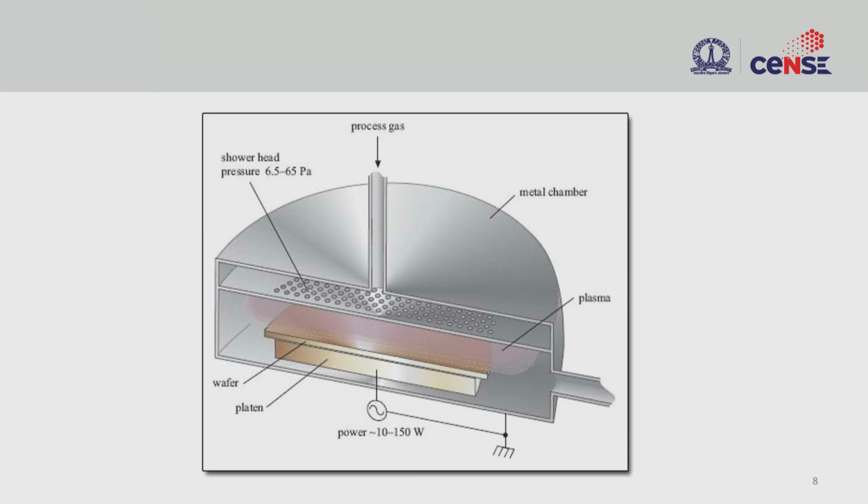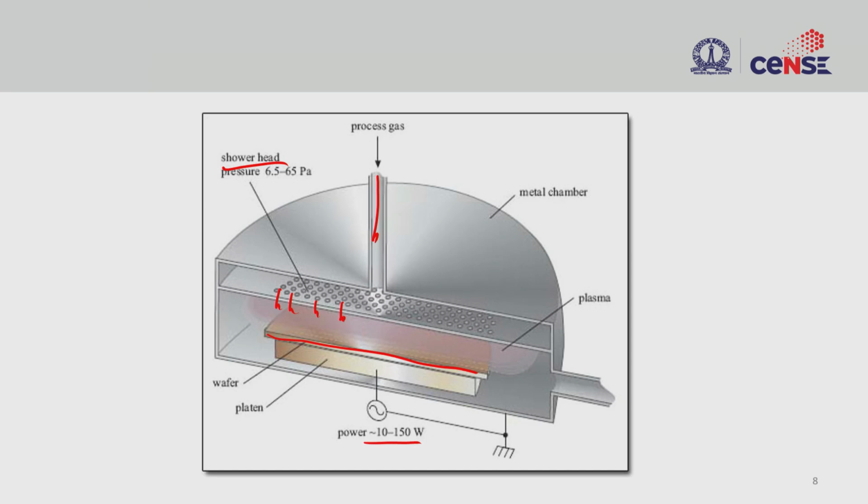And this is a cross section of how the tool configuration will be. This is actually how it will look if you go and open a reactive ion etching chamber. There is the gas feed, and this is the shower head that puts all the gases through the system. Then this is the bottom plate, where you feed your power.